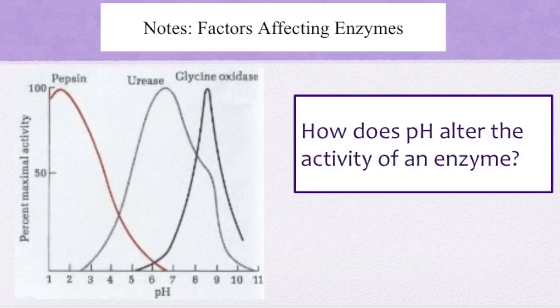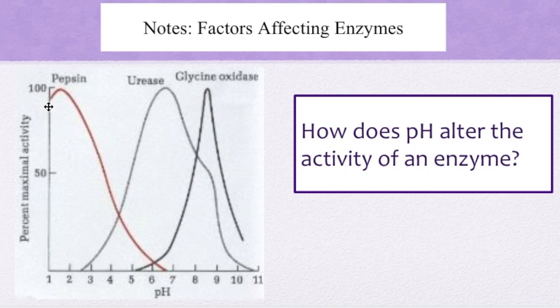So if you look at a graph, and I know this is kind of a crazy graph, there's a lot of things going on here, but there are three enzymes we're looking at. We're looking at pepsin, urease, and glycine oxidase. Each one is being tested in different kinds of pHs.